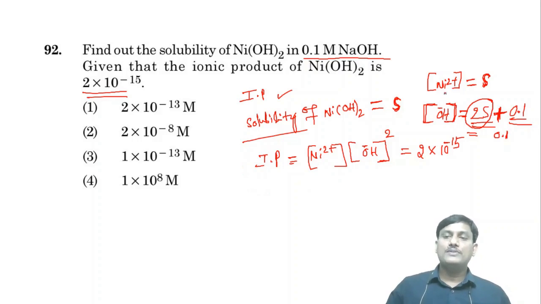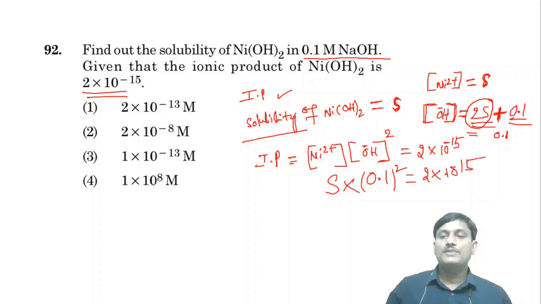So in place of Ni2+ concentration, you can write S, and in place of OH minus concentration, you can write 0.1 square is equal to 2 into 10 to the power of minus 15. Then S is equal to 2 into 10 to the power of minus 15 divided by 0.1, means you can write 1 by 10 whole square.